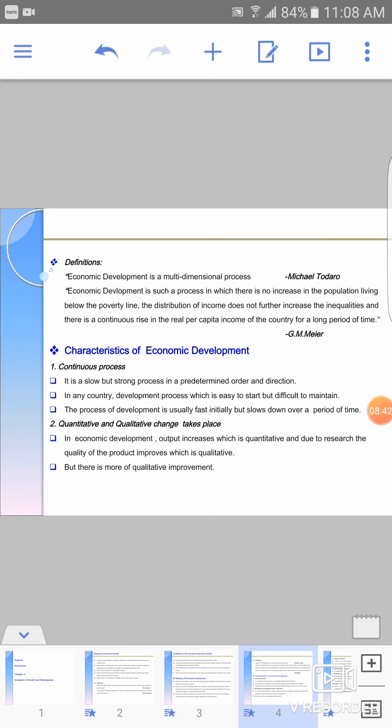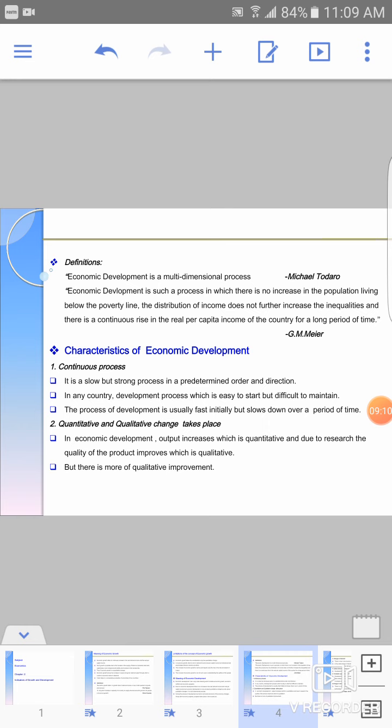But now, as the country is developing, the industrial sector and service sector are also growing, and there is a decrease in the agriculture sector income as well. People are moving towards industries and the service sector, because in agriculture they don't have enough income.